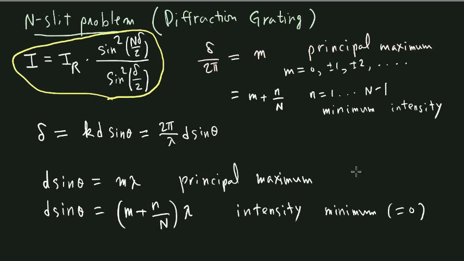And so m here is an integer, and l goes from 1 to n minus 1. So that summarizes the key facts of an n-slit problem.